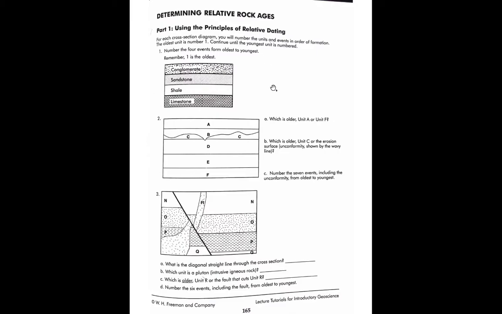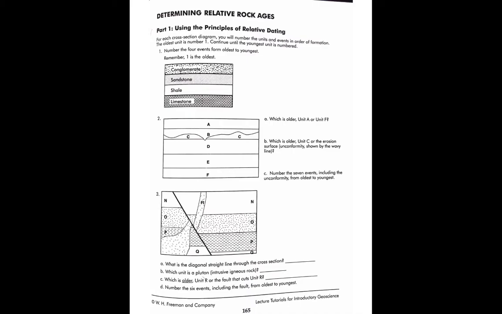So with all this stuff on this first page, what you're doing is putting stuff in order. You're saying this is the oldest, then this formed, then this happened, and everything is just going to be in order. Listen to that discussion of relative dating in the video lecture. Take your time with it. Just think logically, and this shouldn't be that hard to do, says the guy who already knows how to do it.